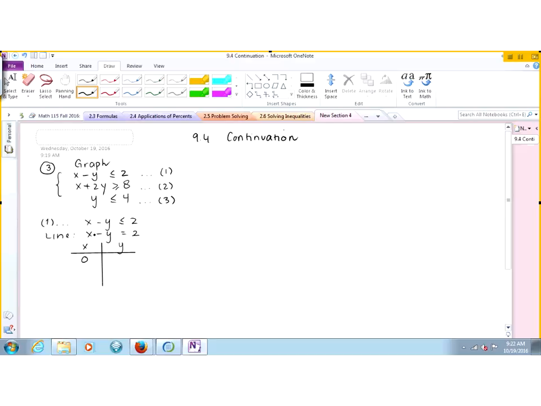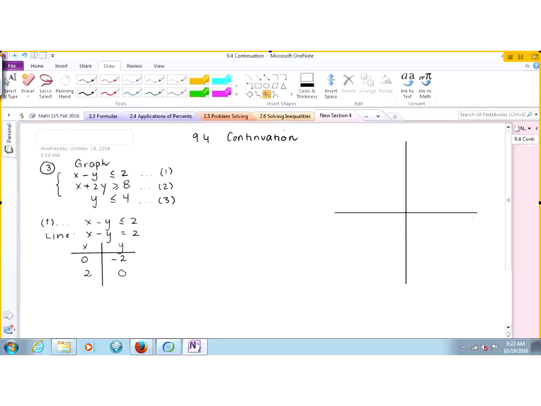When x is 0, this whole term is gone, so negative y is equal to 2, so y is negative 2. When y is 0, x is 2. So you have two points, (0, -2) and (2, 0), and we can graph it.